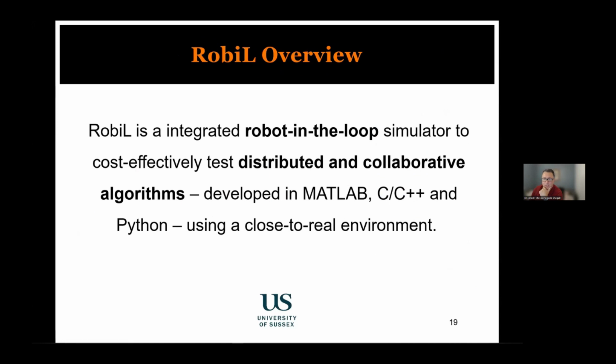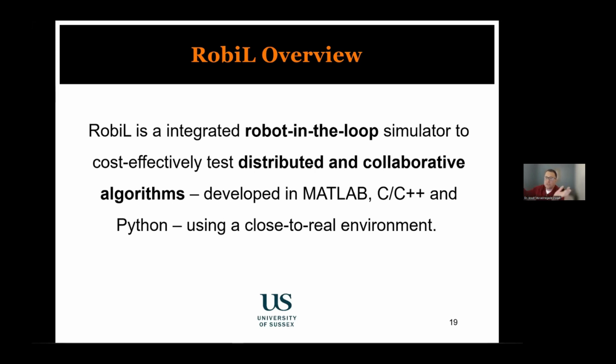So I just want to finish my talk with one point. When we want to test these algorithms that I mentioned, we reached the point that we needed a tool, and we developed a tool. We call it ROBIL, Robot in the Loop Simulator, a tool to test collaborative or distributed algorithms.